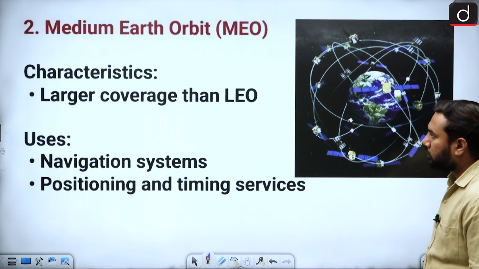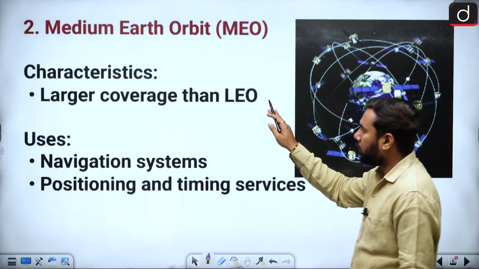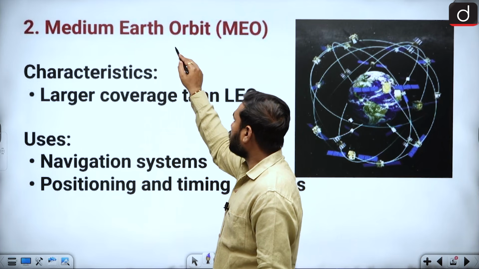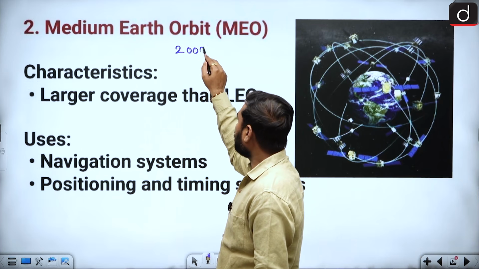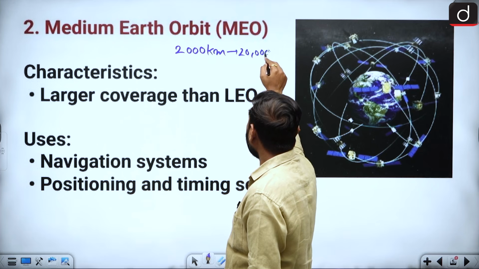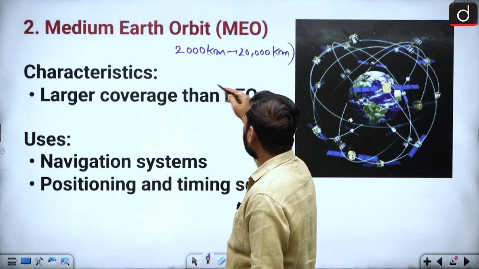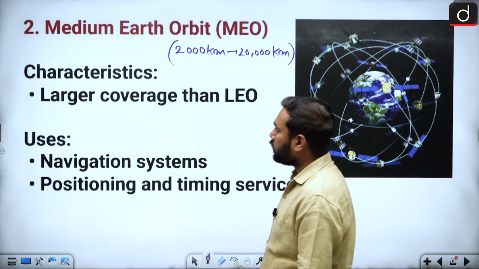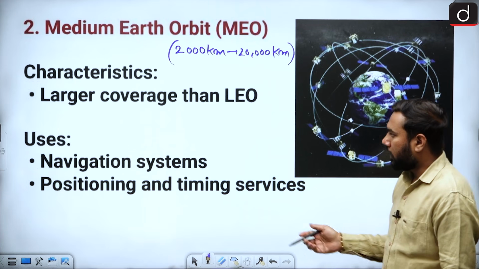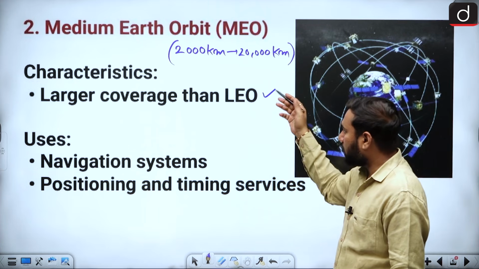The next one is known as mid Earth orbit. If I am talking about the whole area, it lies between 2000 kilometer to 20,000 kilometer from the surface of Earth. So this region is known as your mid Earth orbit or medium Earth orbit, and it has a larger coverage area than LEO.